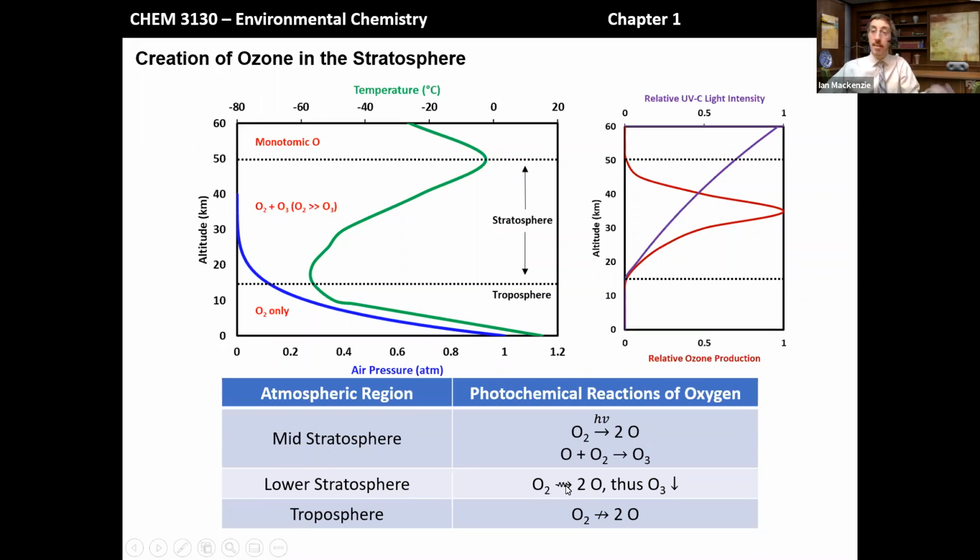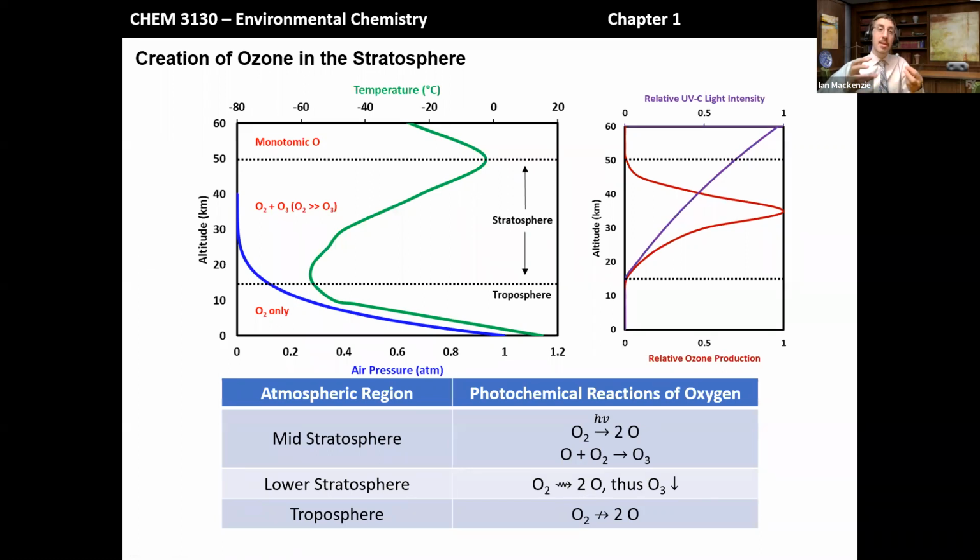It's not saying that it doesn't happen at all, but it doesn't happen nearly as frequently because the UVC light intensity has dropped so dramatically, having been filtered by all of the reactions above it, above the stratosphere: upper stratosphere, mid stratosphere. Now you're in the lower stratosphere, the light intensity has dropped so much that there's very little photochemical dissociation.